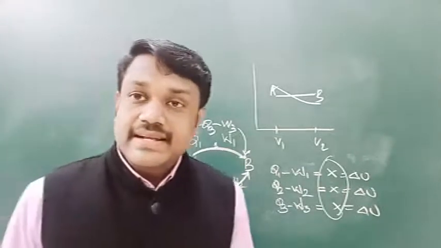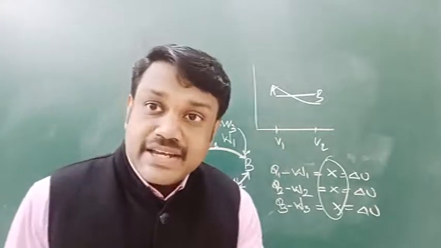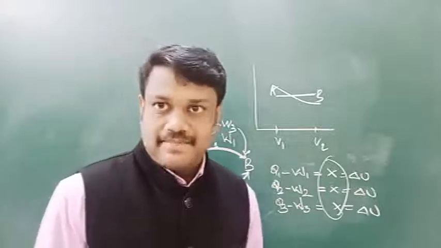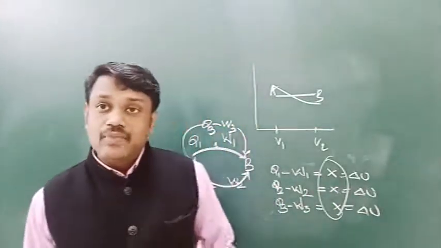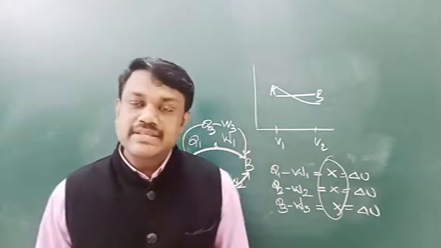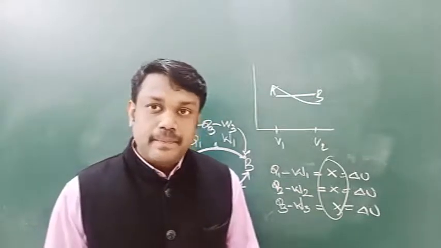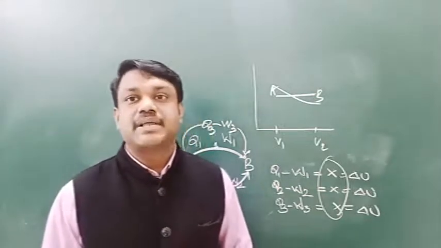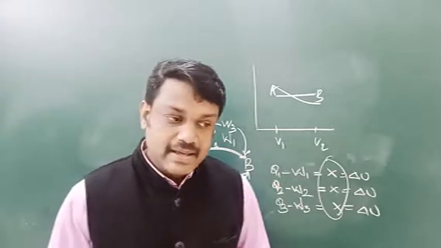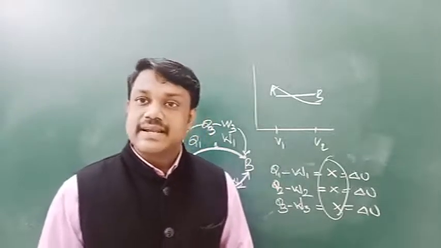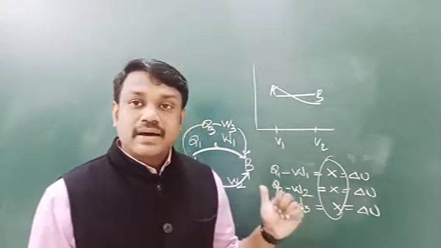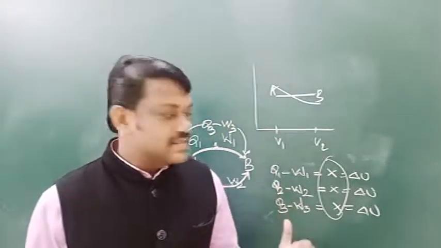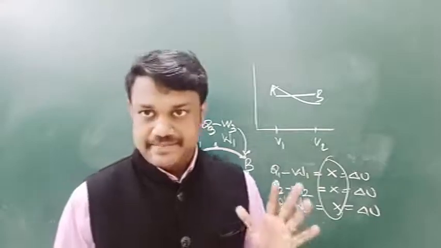So change in internal energy is a state function, it is not a path function. Work done by or on the system, or work done in a thermodynamic process, is not a state function, it is a path function. But the change in internal energy does not depend upon the path, it depends only upon the initial state and final state. So we can say that it is a state function.